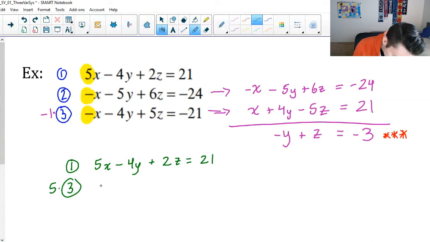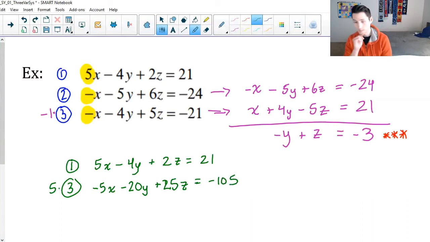All right, equation 3 times 5, so that would give me negative 5x minus 20y plus 25z equals negative 105.